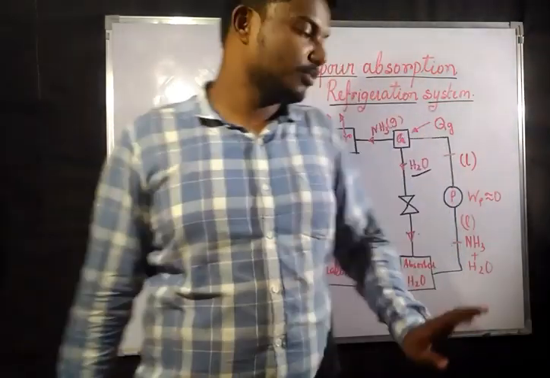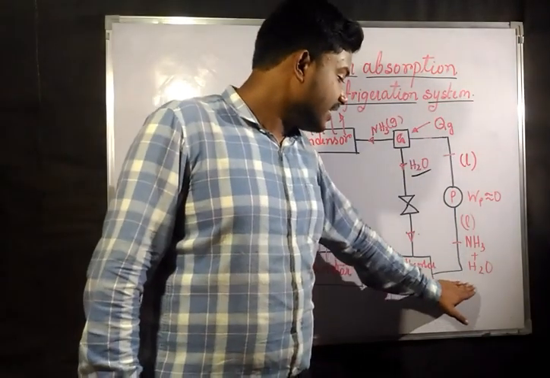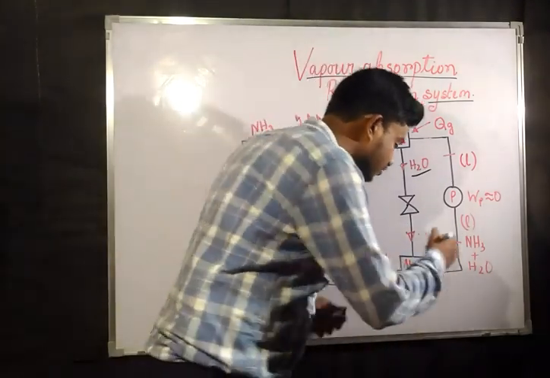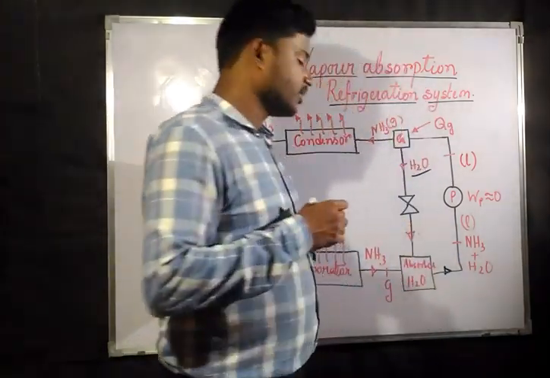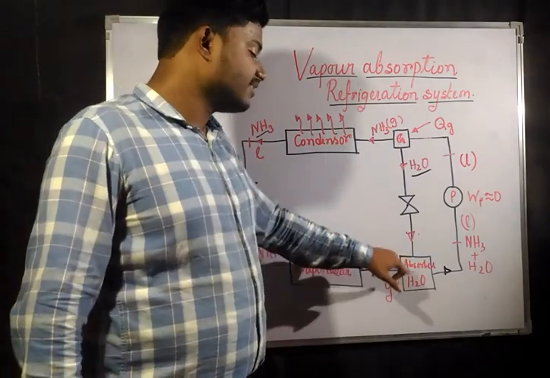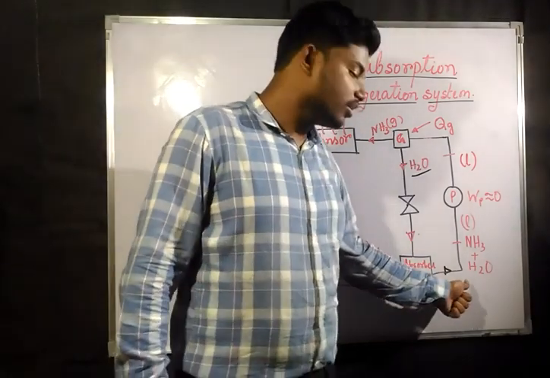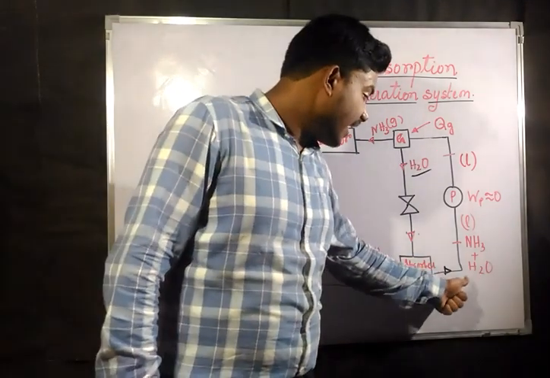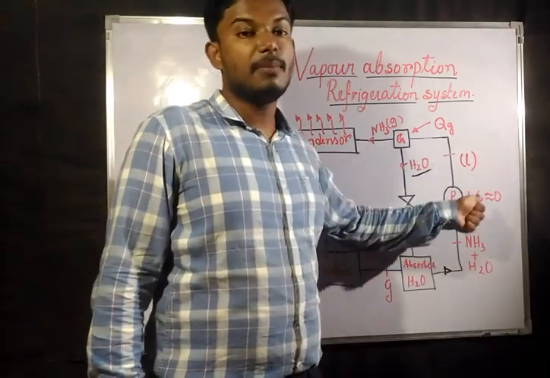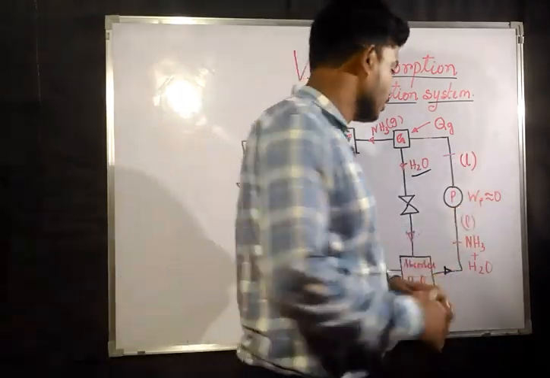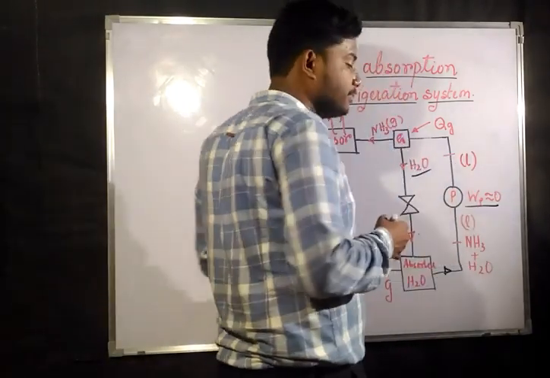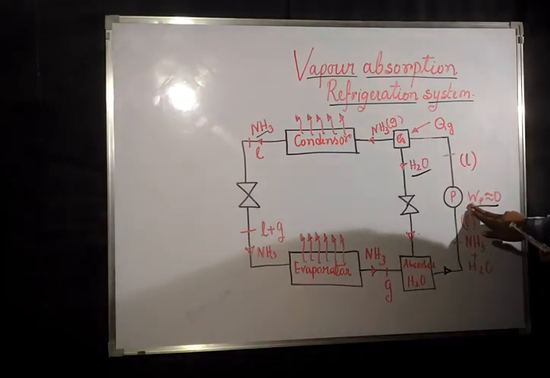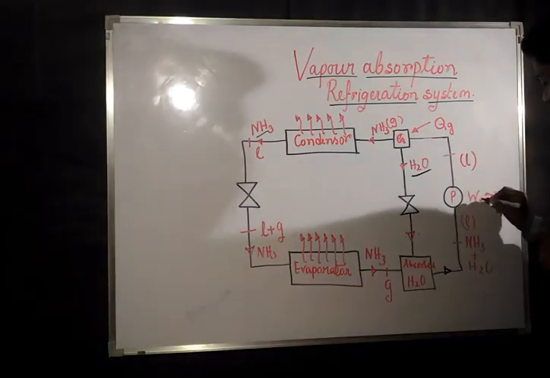After that, the NH3 and H2O go into liquid form. Coming out from here, it is going to be completely liquid. As NH3 is now mixing with the water, the thing coming out of the absorber is completely liquid, and it is going to be pumped in by the pump. But the work done by the pump is considered negligible, because this work done by the pump is going to be negligible.